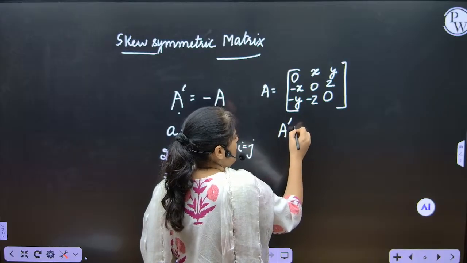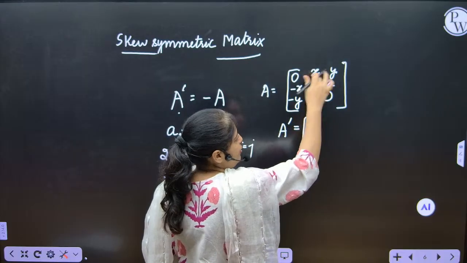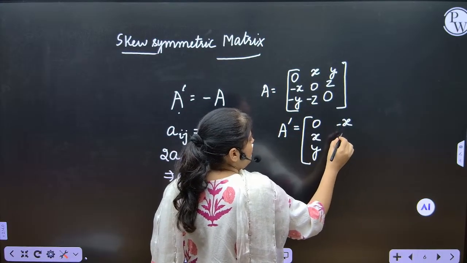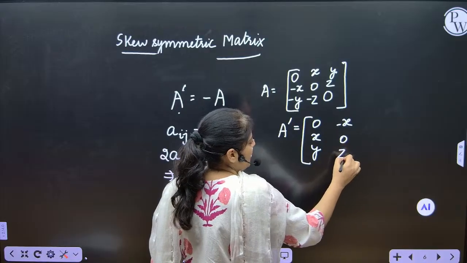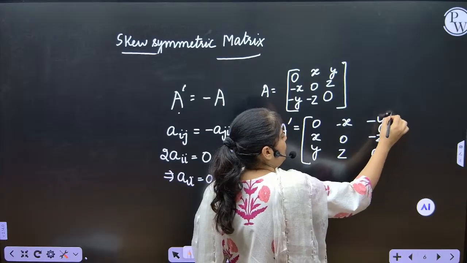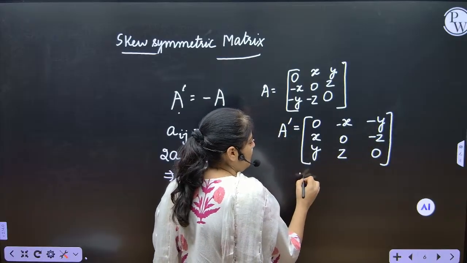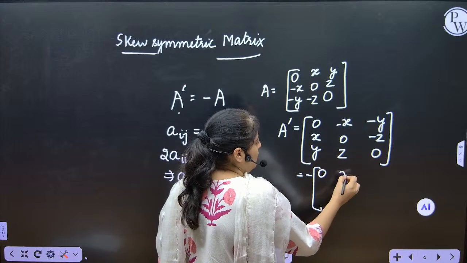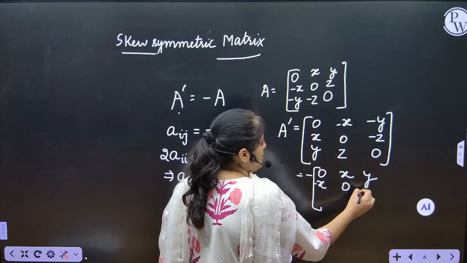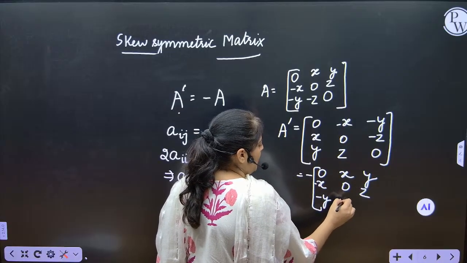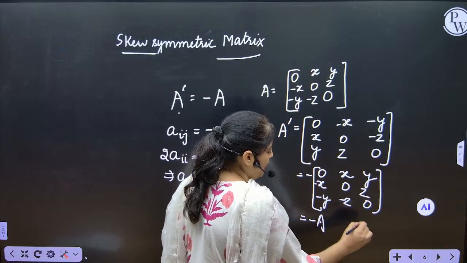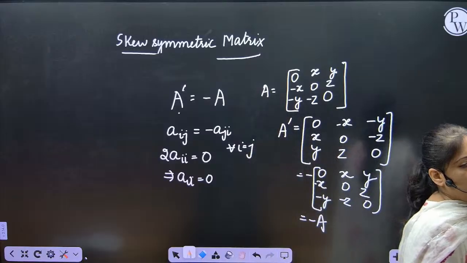See, its A transpose is nothing but: the first row has become the first column, the second row will become the second column, the third row will become the third column. Now take the minus sign common from here. This will become minus x, this will become minus y, minus z, and 0. This is nothing but the original matrix only, minus of A it is coming.